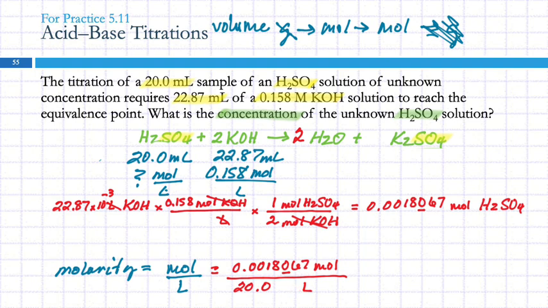So I can do that thing again where instead of writing milli, I write what it means. So 0.0903 moles per liter, which is the same as 0.0903 capital M.